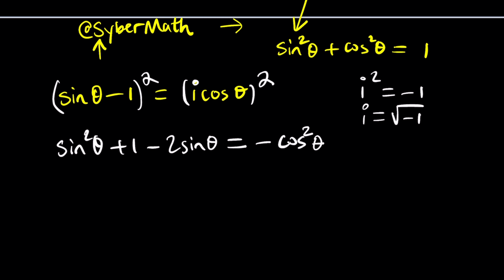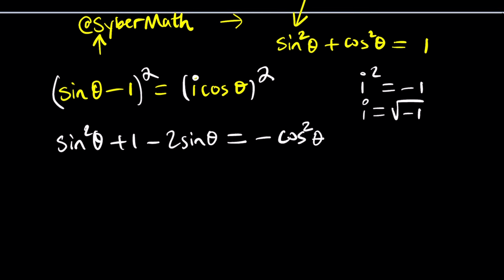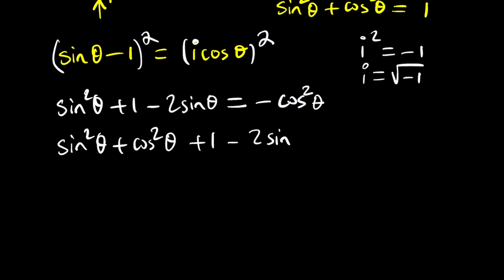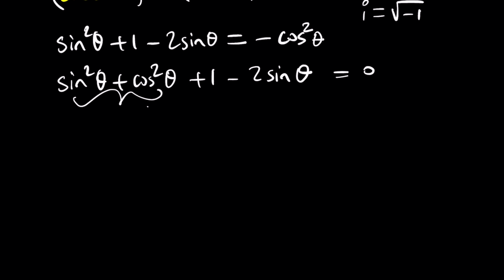Great. Now, we're going to go ahead and put the sine and cosine together so that we can use the identity, right? So add cosine squared to both sides, and you're going to end up with sine squared plus cosine squared, which is 1, right? And this is going to give us the following. Now, since this is 1, and we have another 1, 1 plus 1 is going to be a 2.